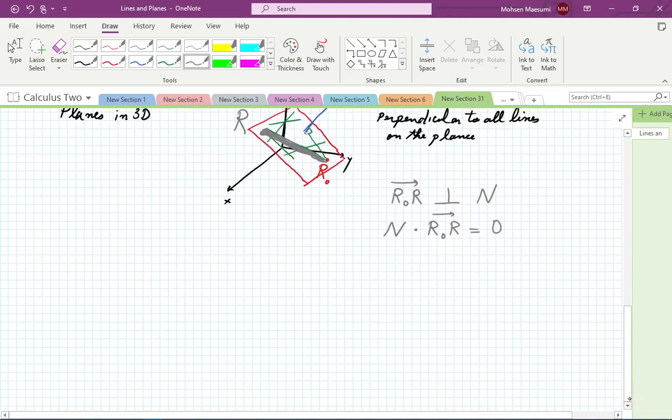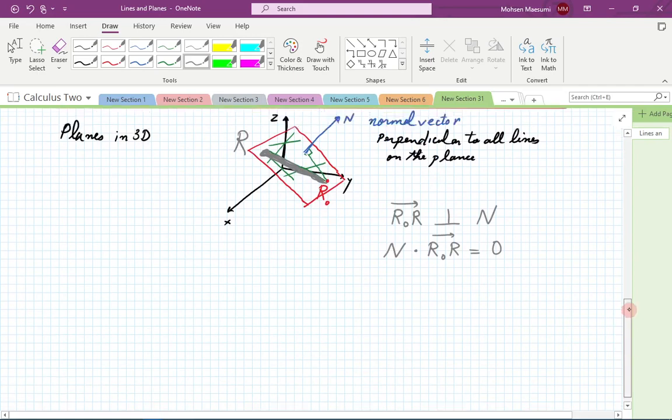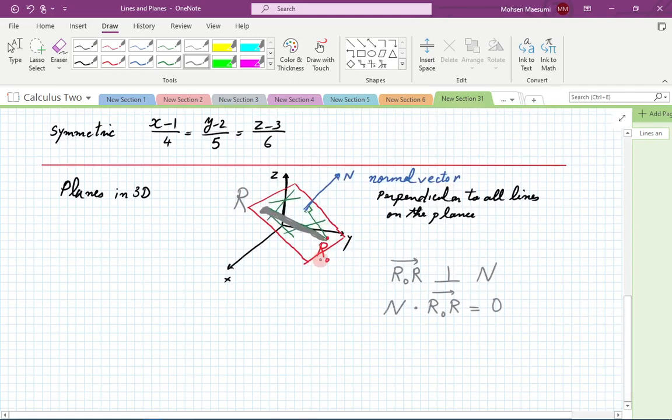But if we are more accustomed to x, y, z's and so on, we do the following. Let's go back to our familiar setup. x0, y0, z0. This point, let's call it x, y, z. So this is representative of any point on this plane.